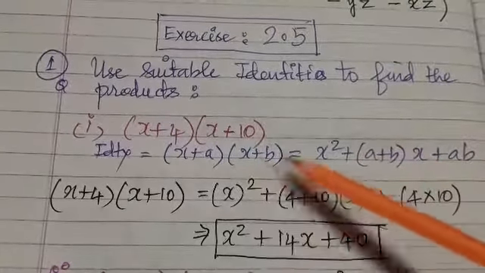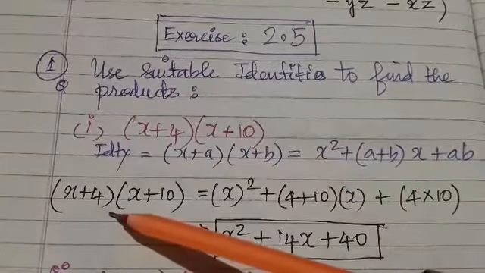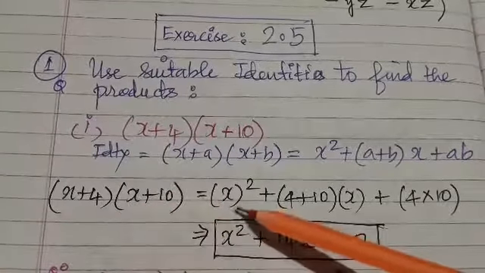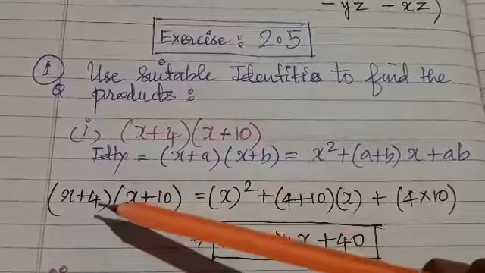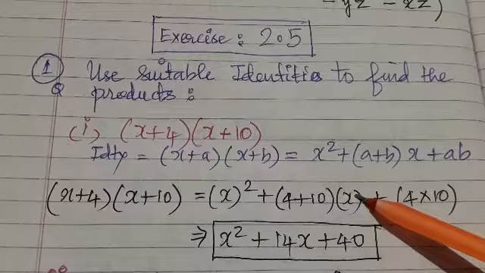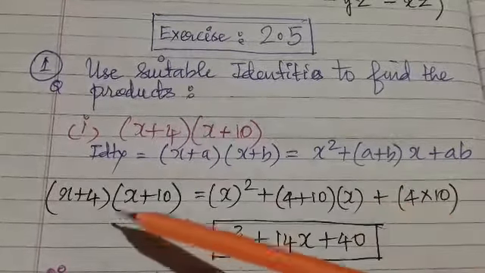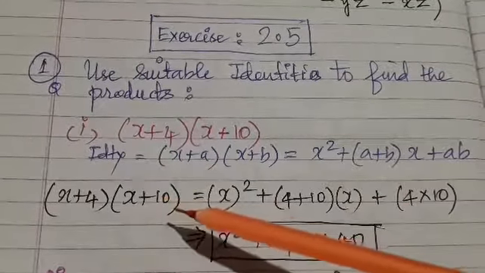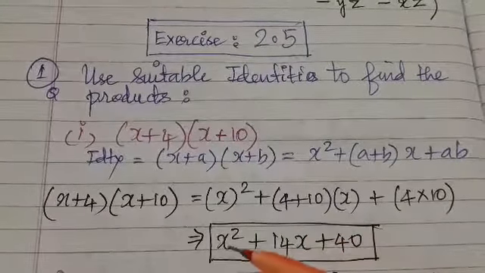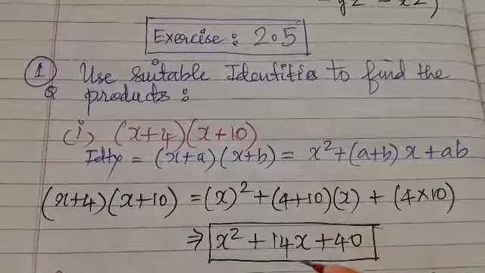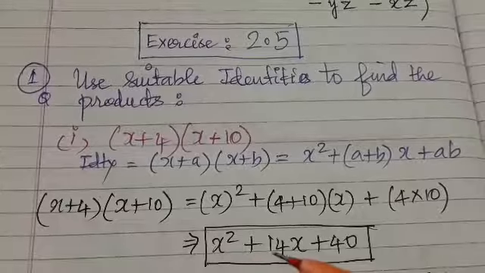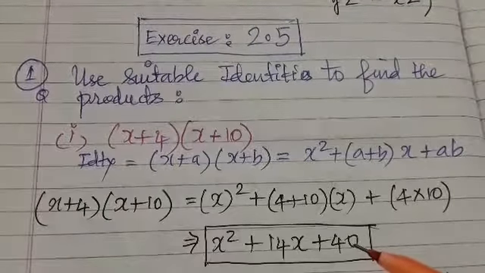Then substitute in the form, your problem is x plus 4 and x plus 10. x is common here, first term, so x raised to 2, and a is 4 here, b is 10 here, so (4 plus 10) into x, first term, then plus a into b, 4 into 10, 40. So when you expand and finish this one, x square plus 14x plus 40. So your answer is x square plus 14x plus 40.